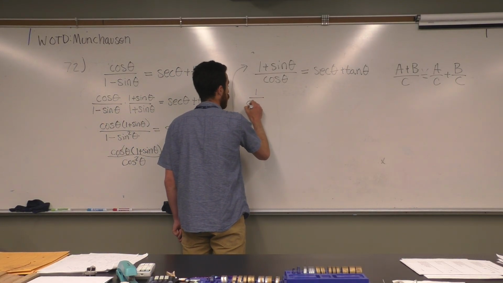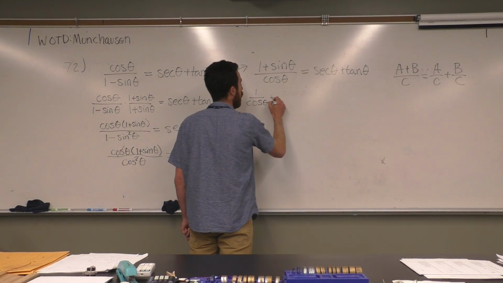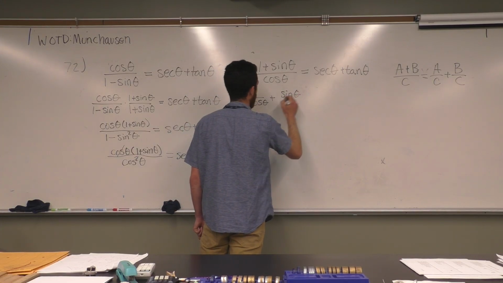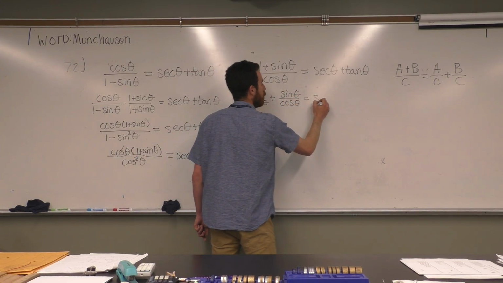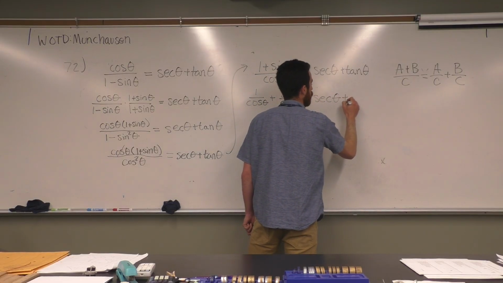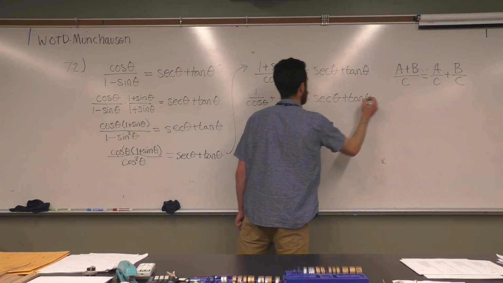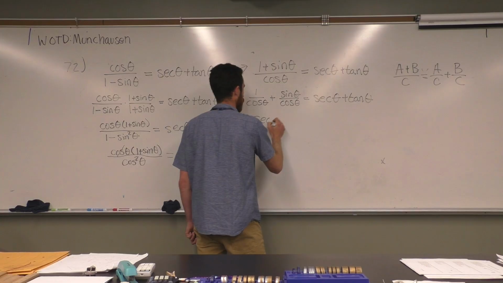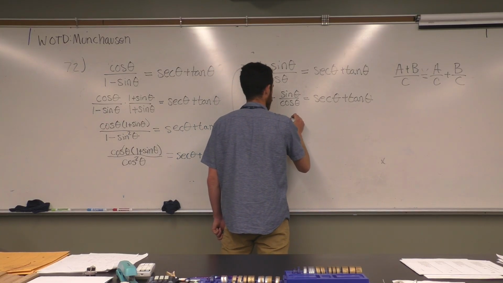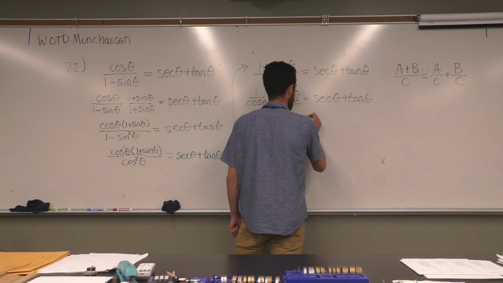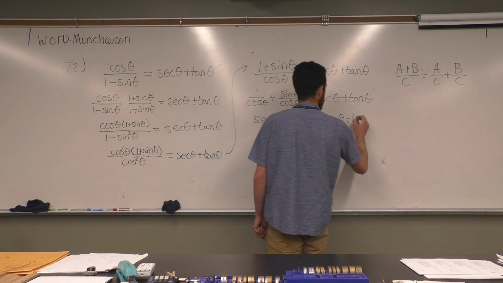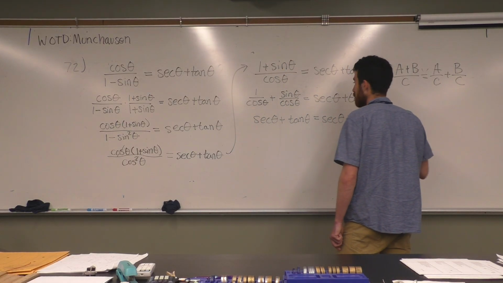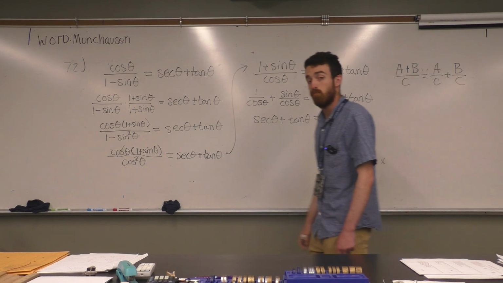But I can do that here. 1 over cosine of theta plus sine of theta over cosine of theta. And that's what it is. Pretty good.